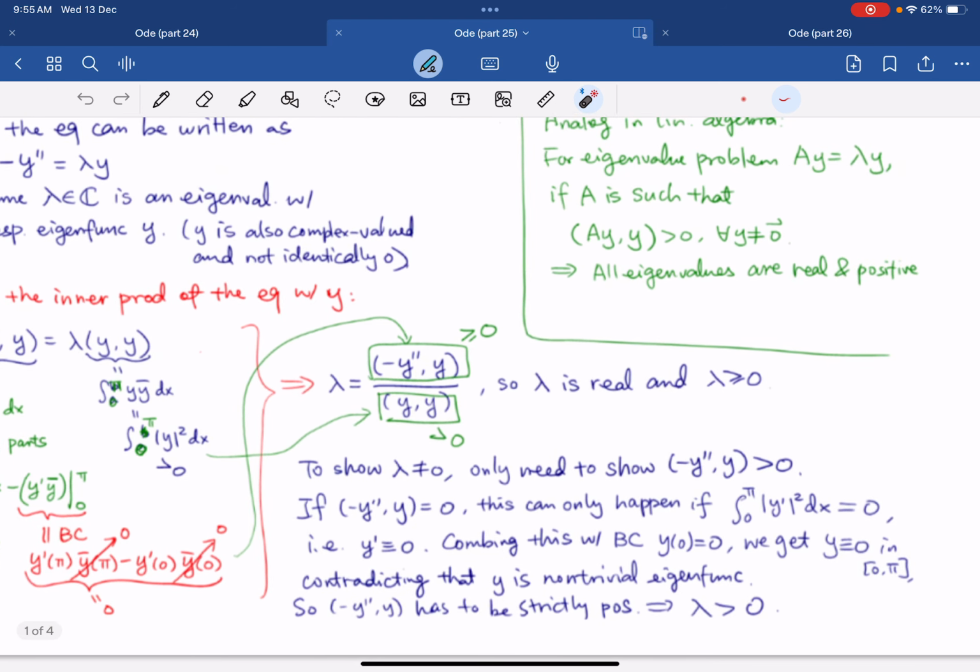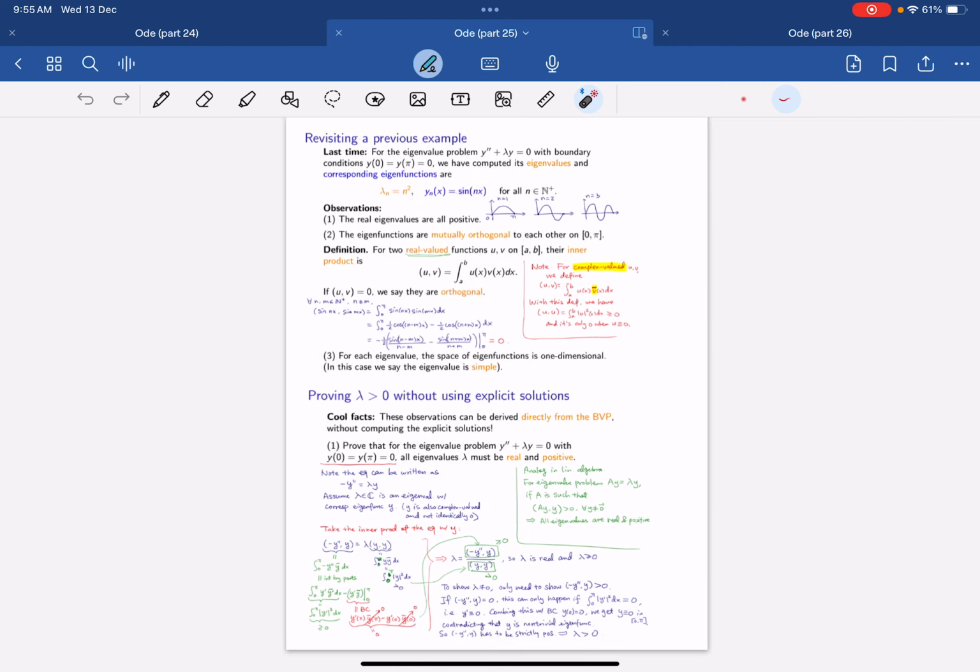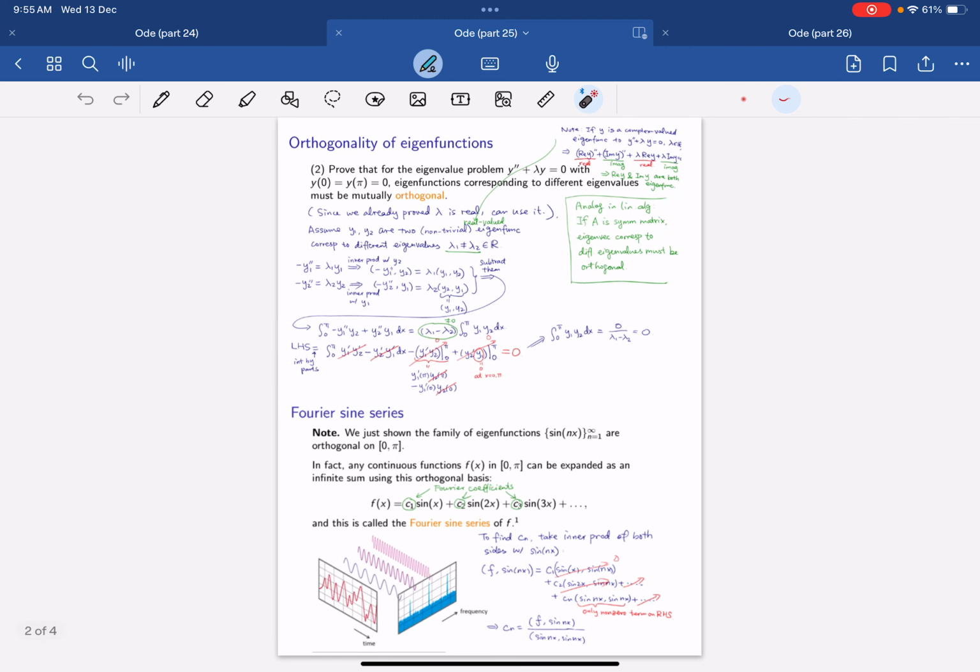If we combine that with the boundary condition, because y prime is identically 0 everywhere and y(0) is 0, we get that y is 0 throughout the entire interval. But y has to be a non-trivial eigenfunction, so this is a contradiction, which means that this inner product has to be strictly positive, which implies that lambda is larger than 0. So that's one proof of it.